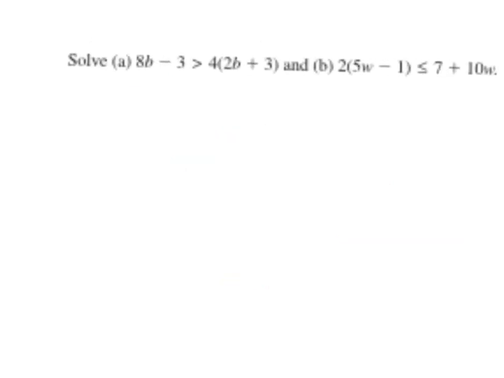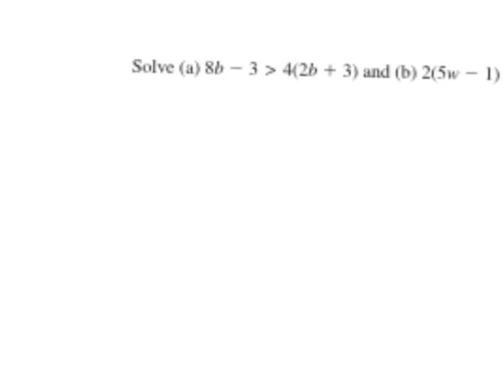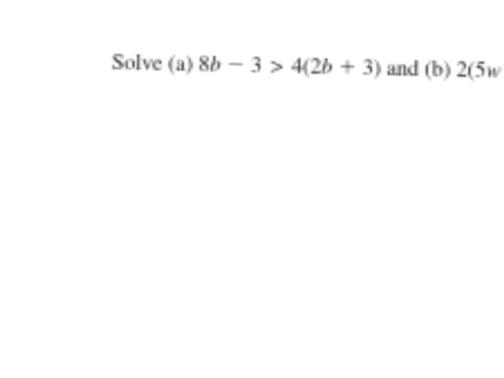Alright, so we have A and B, and these are different problems. So we'll do A first. And what we're going to have to do, if I look at this first, we've got a B on this side and a B on this side. But we're going to have to distribute this side. So let's rewrite this and do the distributive property.